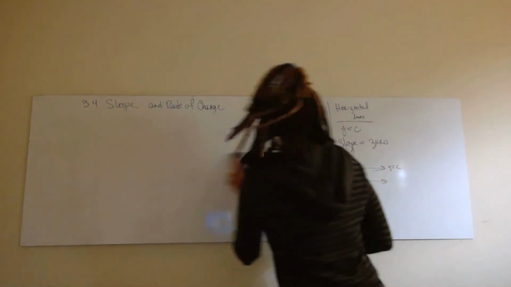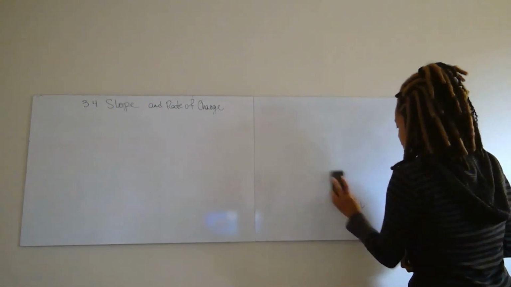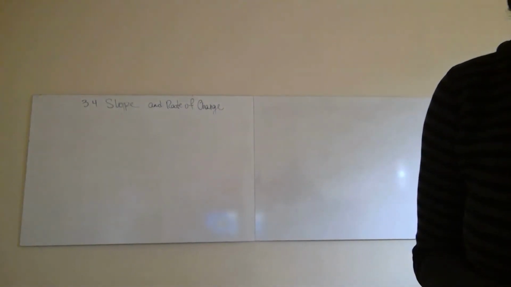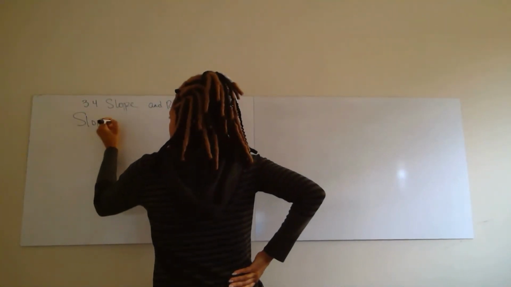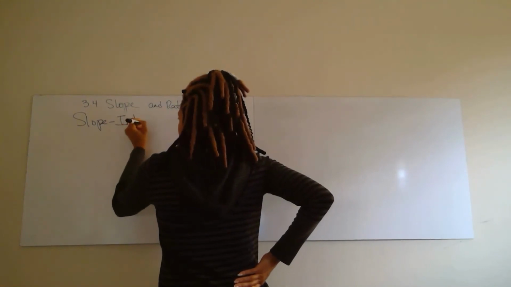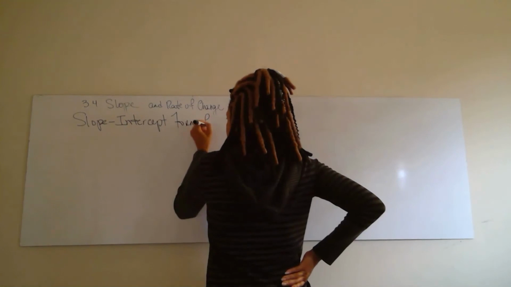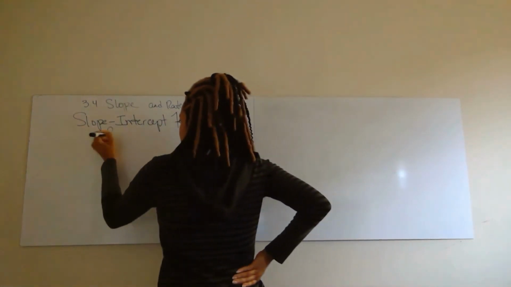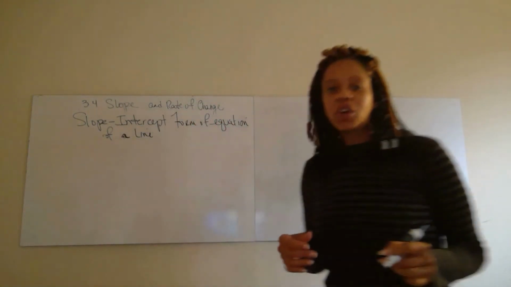Now, the last thing that we are introduced to in this section is the slope-intercept form of an equation of a line.